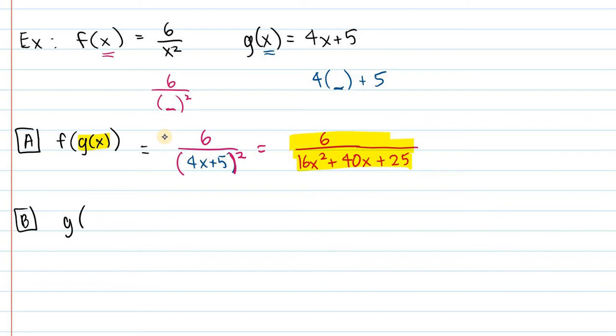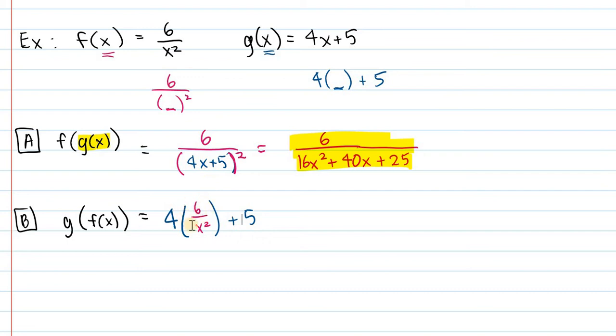If we have g of f of x, we're going to do the same thing, but now we're going to use the expression for f of x in the function for g. So the expression for f of x was 6 divided by x squared. So our result is that we would have 4, but then we're going to plug in the 6 divided by x squared, and add 5.